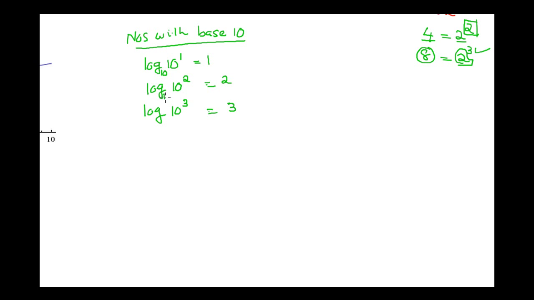Now logarithm of 10 to the power minus 1 will be minus 1. And logarithm of 10 to the power minus 2 will be, as per the definition, the exponent minus 2.